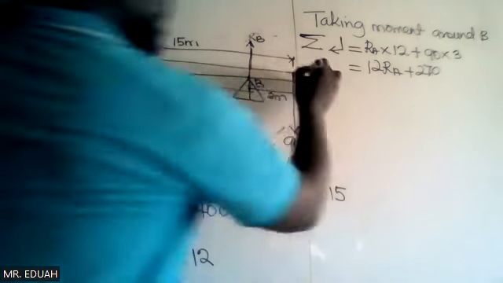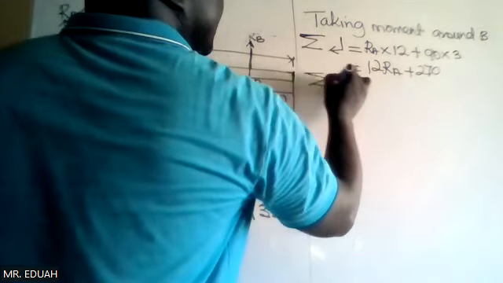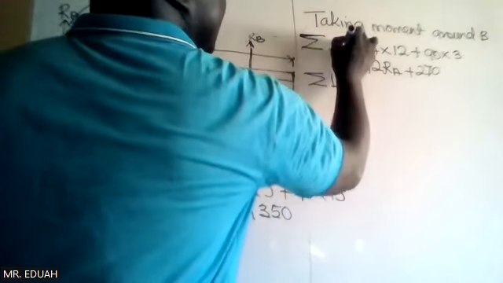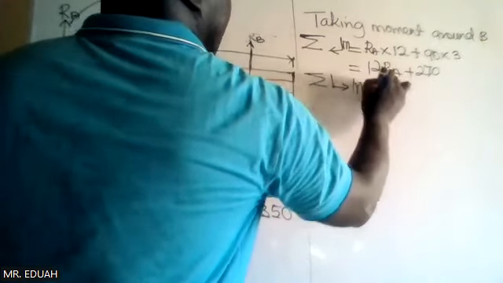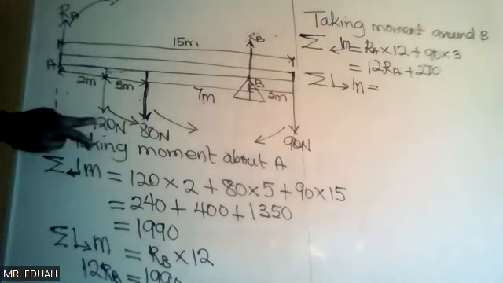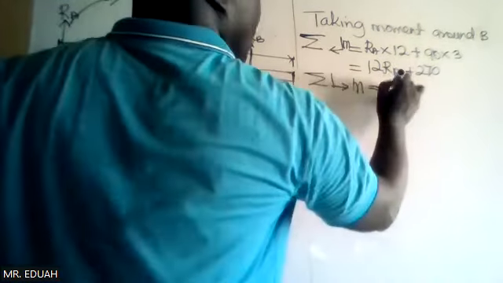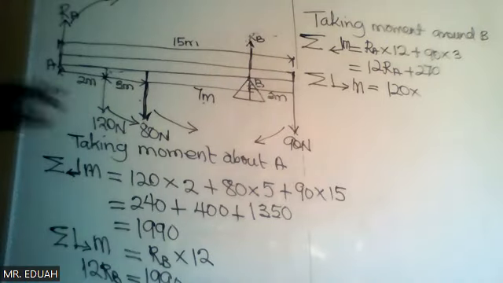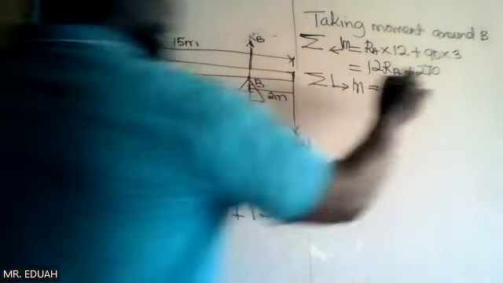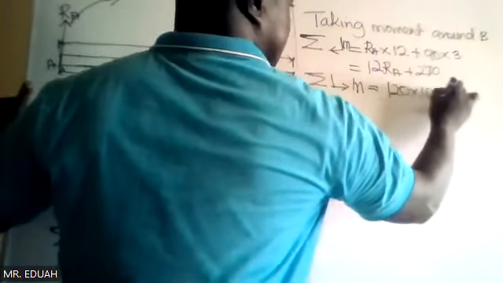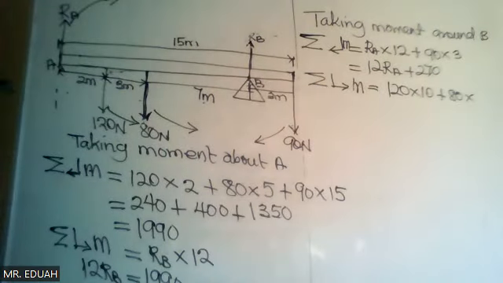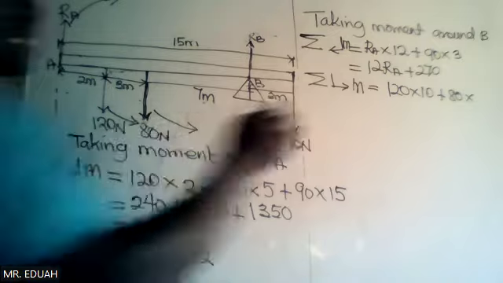Then the sum of anti-clockwise movement. We have 120 and 80. So 120 times 10 is 1,200, plus 80 times 7.